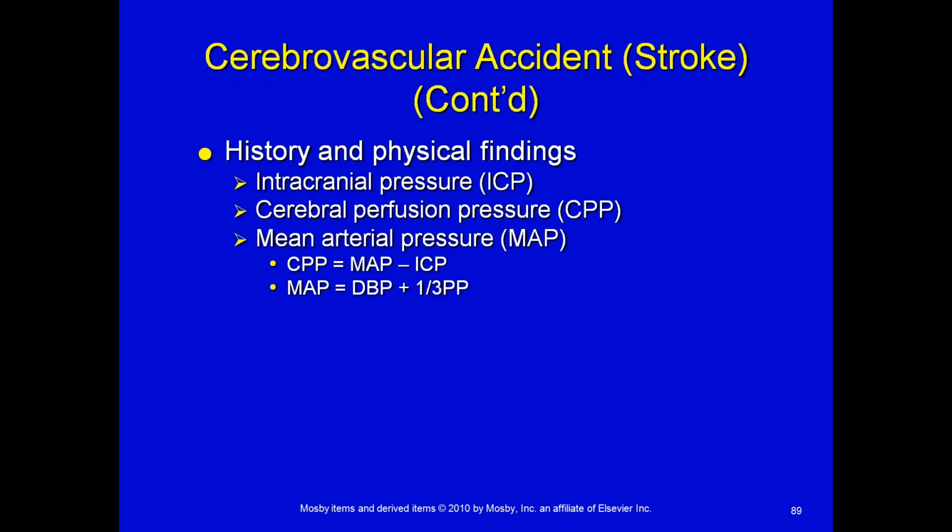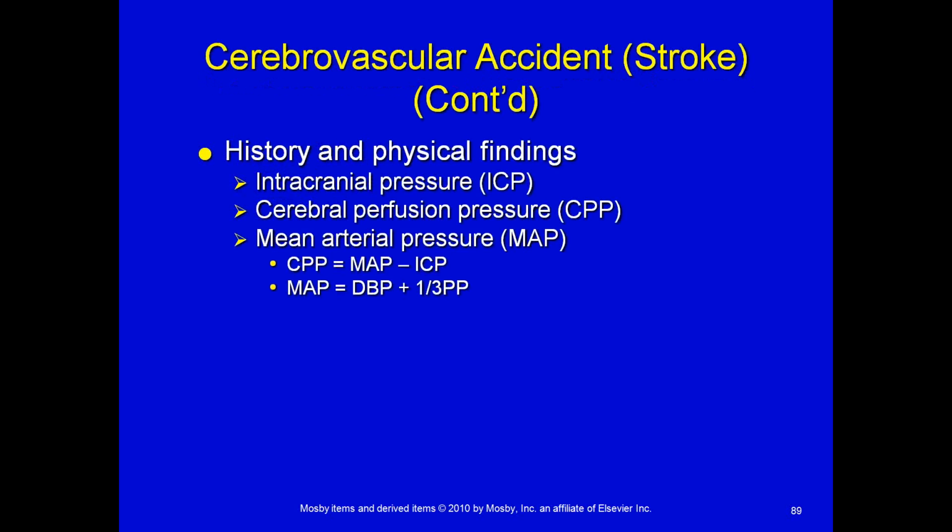The brain has the ability to selectively vasoconstrict vessels in order to improve cerebral perfusion pressure, or the blood pressure to the brain. And cerebral perfusion pressure can be defined by taking the mean arterial pressure, the average pressure in the arteries all the time, minus any intracranial pressure.